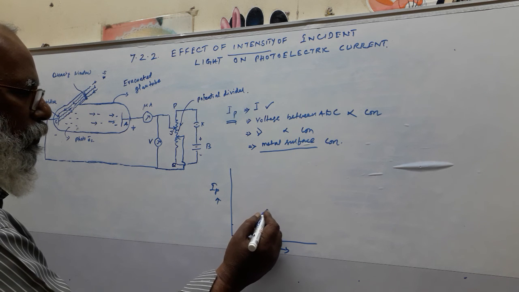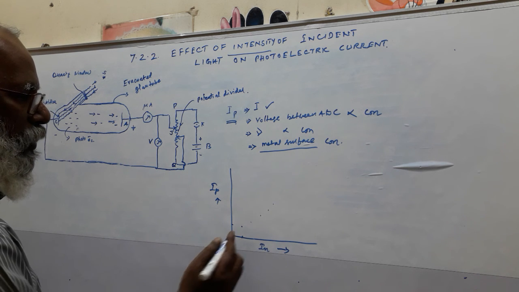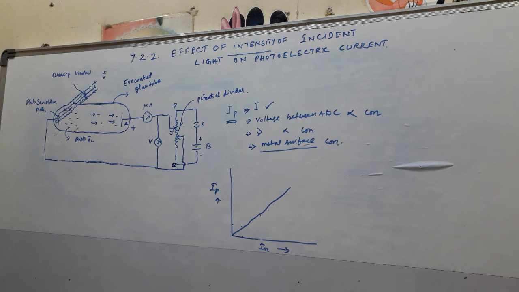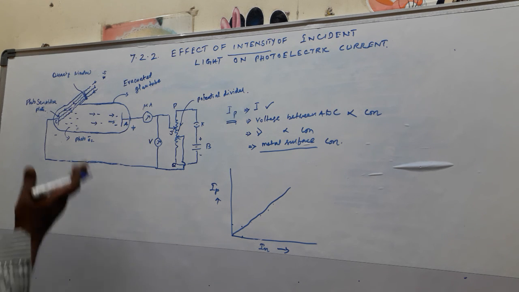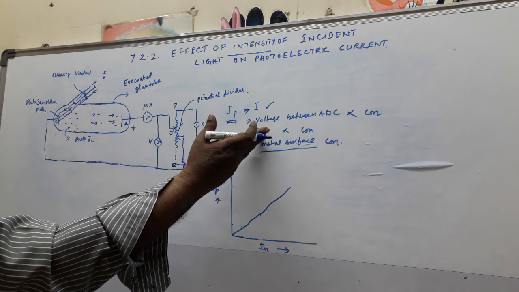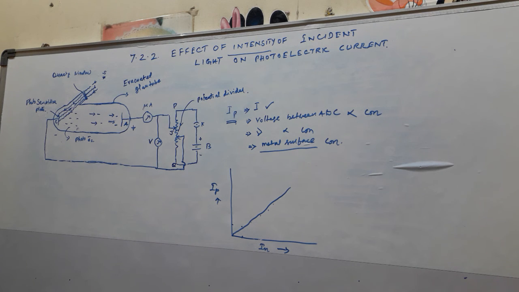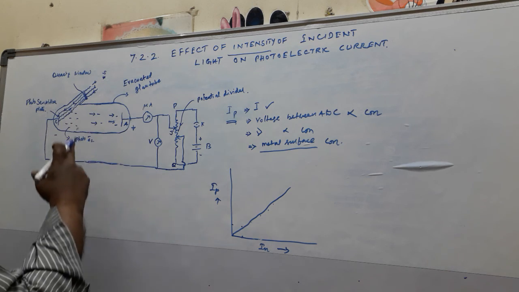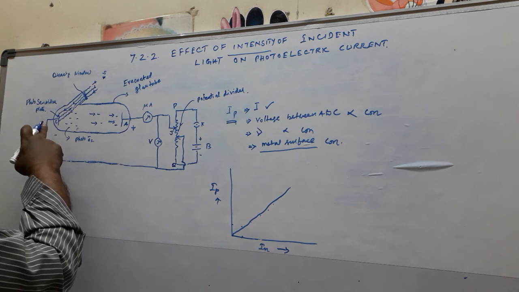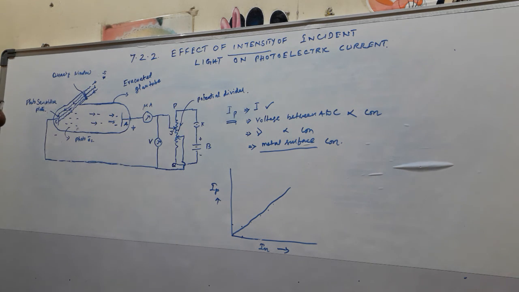Joining these points, we get a straight line. From this graph we conclude that when the incident ray is applied, keeping the frequency and the voltage between A and C constant, if the intensity varies, then IP increases.